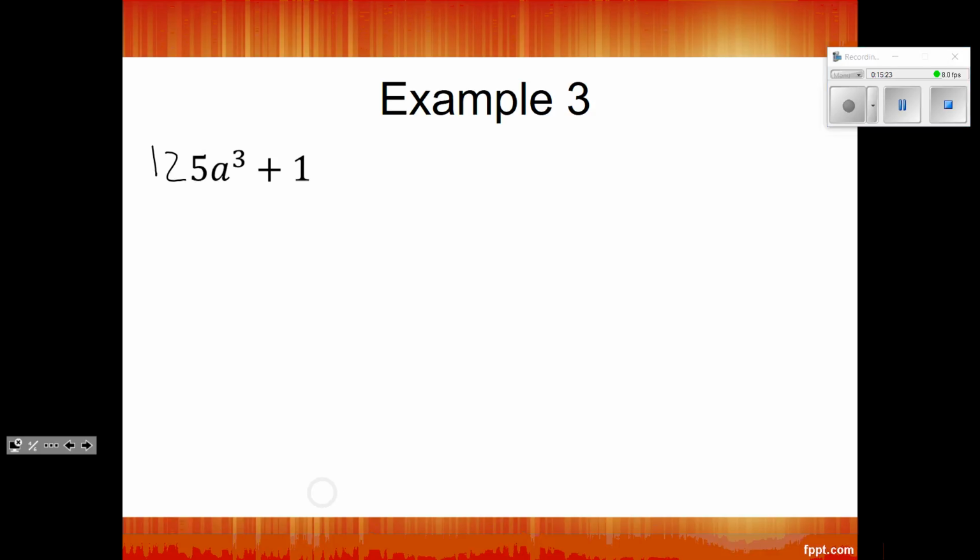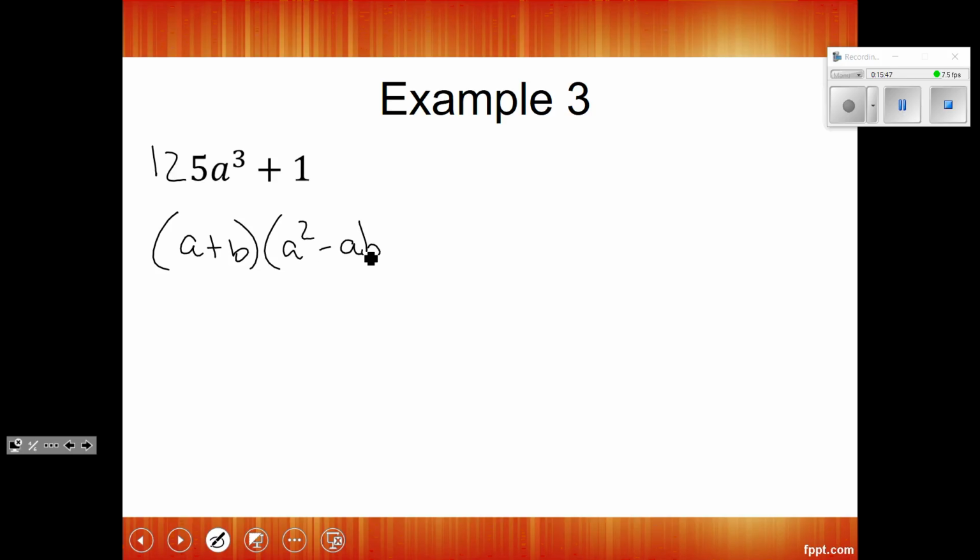Okay, so if we factor this, first of all, you need to recognize that these are cubes. Does everybody understand that 125 is a perfect cube, a cubed is a perfect cube, and 1 is a perfect cube? So this is a sum of cubes. Step 1, write your formula. What's the formula? (a plus b) times the quantity a squared minus ab plus b squared.